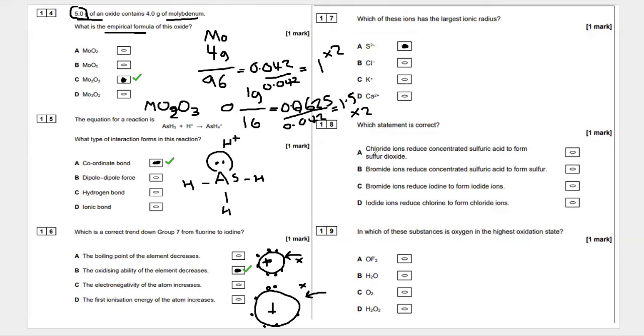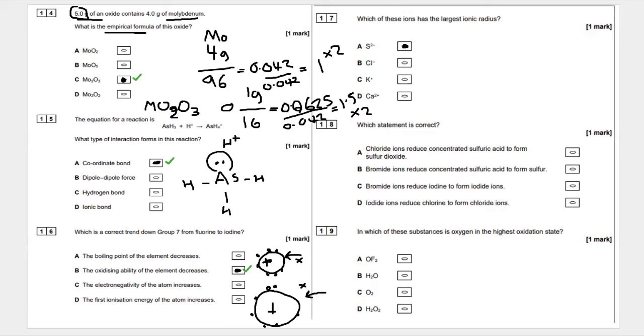Which statement is correct? Chloride ions reduce concentrated sulfuric acid to form sulfur dioxide. Bromide ions reduce concentrated sulfuric acid to form sulfur. Bromide ions reduce iodine to form iodide ions, or iodide ions reduce chlorine to form chloride ions. What you've got to do with these ones is work out which is the best reducing agent.